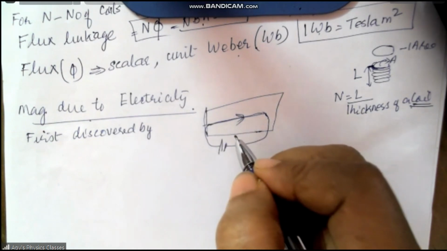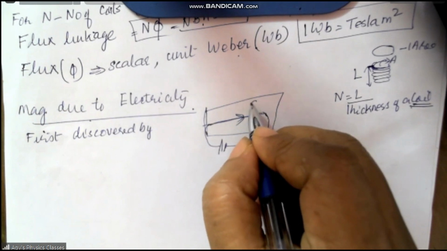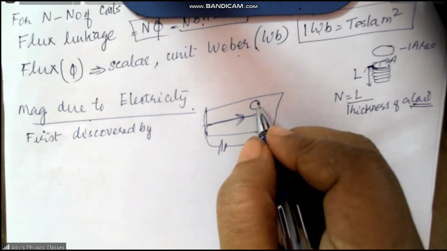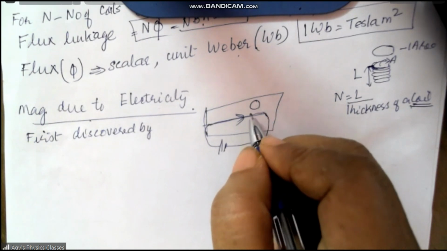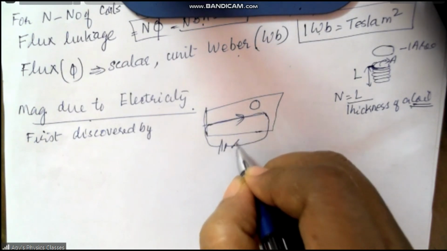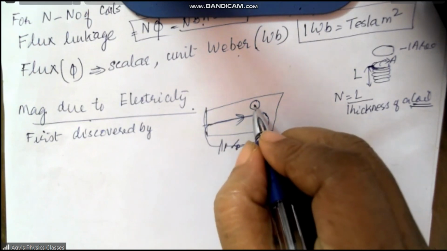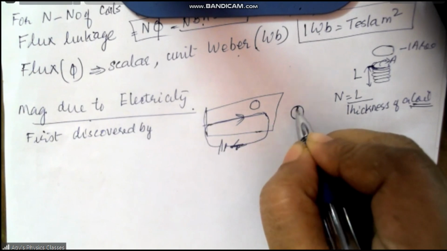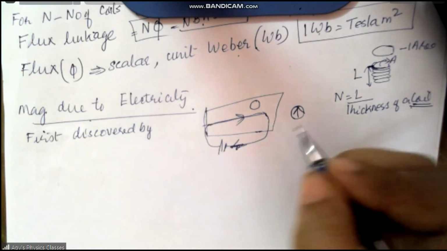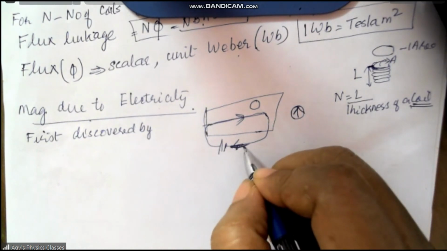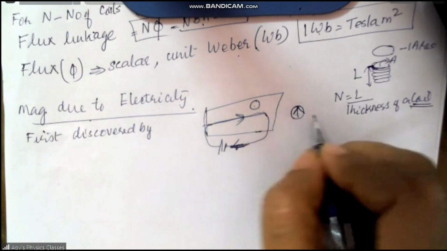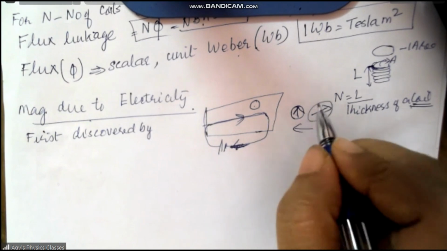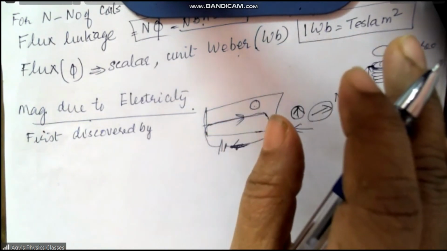There was a magnetic compass placed nearby. He did not put it there, but it was there. He noticed that every time he switched this on, the magnetic needle, which was pointing this way before, changed to some other position.